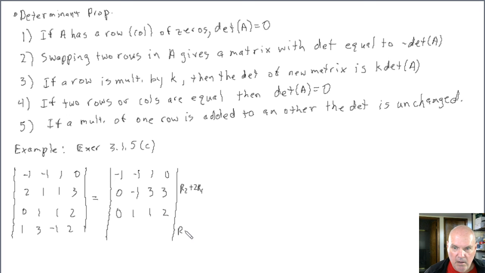And here I can get rid of the 1 by adding the first row to the fourth row. Again, this doesn't change the determinant. So 0, 2, 0, 2.